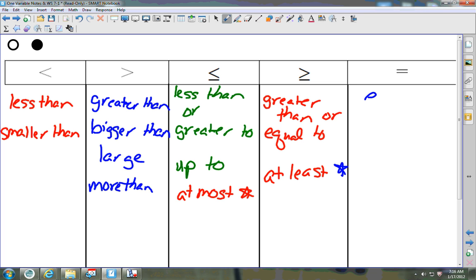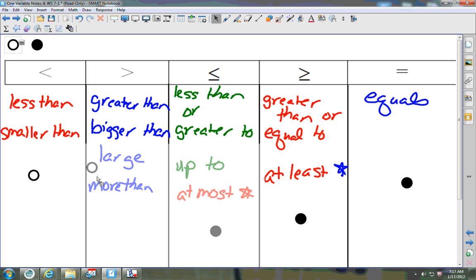On this one right here, I've got equals. Now, when I'm graphing, and you'll see this on the number line, anytime there's an equal to, like greater than or equal to, less than or equal to, you're going to graph by using a colored-in dot, because it means it's going to be equal to that number. Anytime you have just less than and greater than, it will always be an open circle at that number.